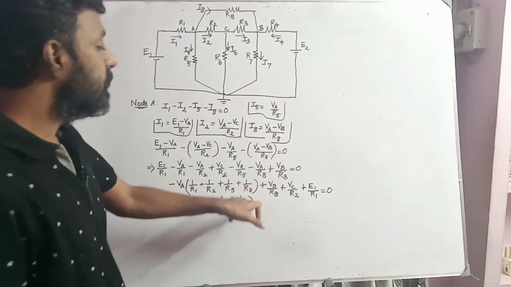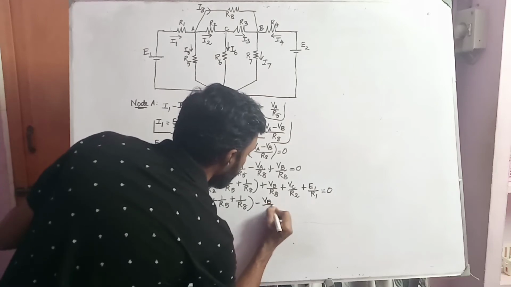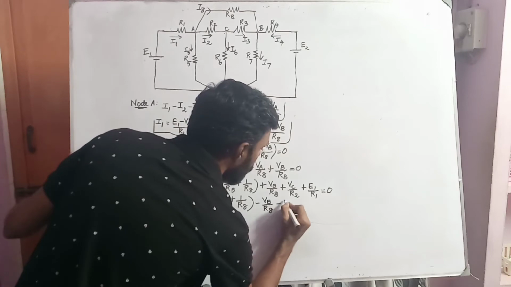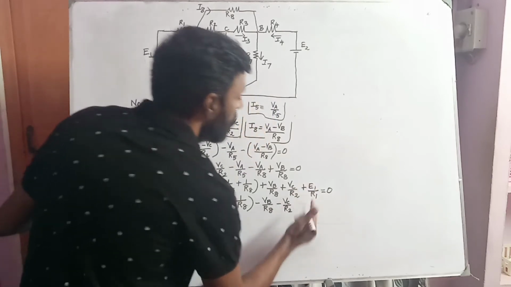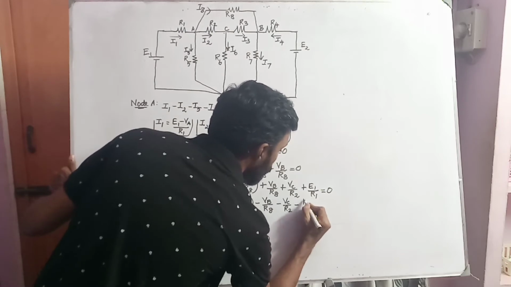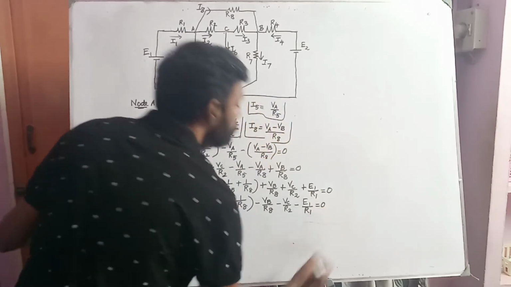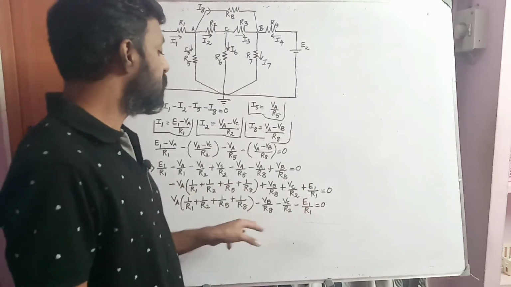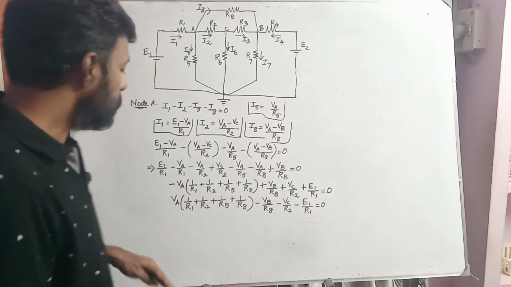Now this positive will become negative: minus VB divided by R8, minus VC divided by R2, minus E1 divided by R1 equal to 0. So I have got this one.